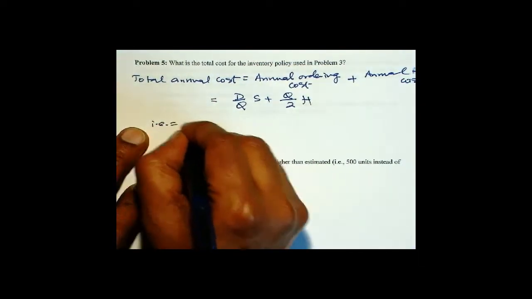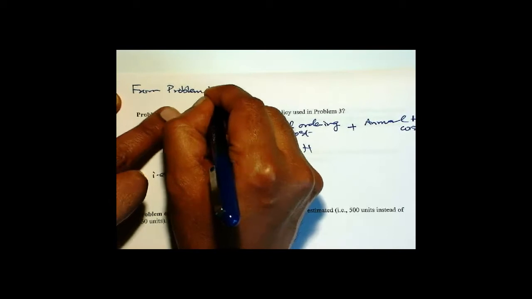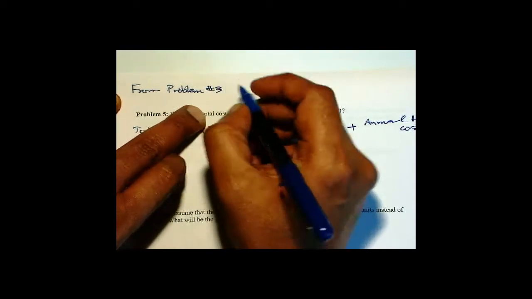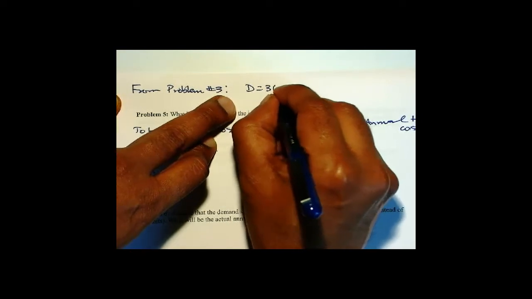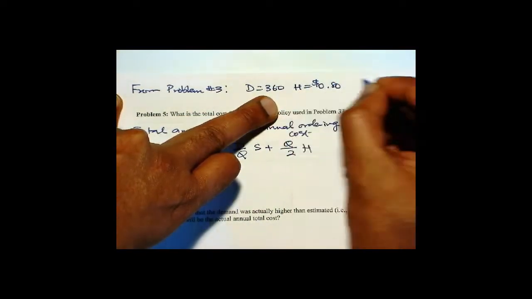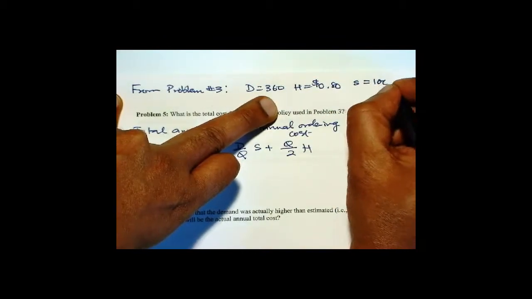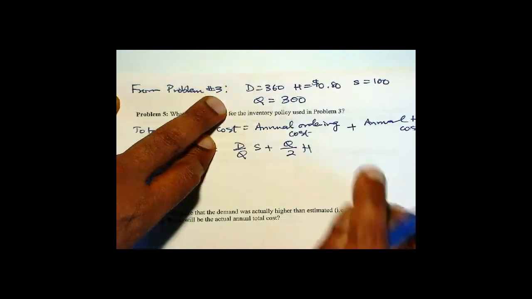So that is equal to, so remember from problem number 3, D is 360, H is 0.8, S is 100, and Q is 300.